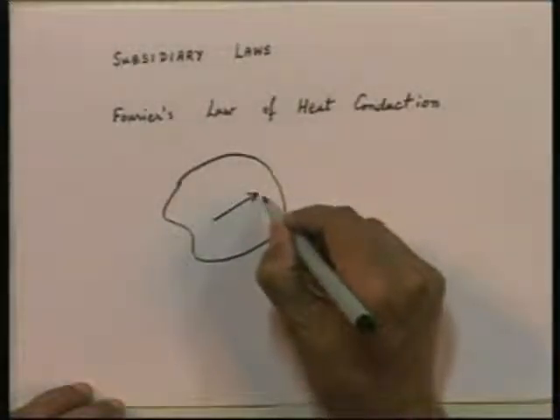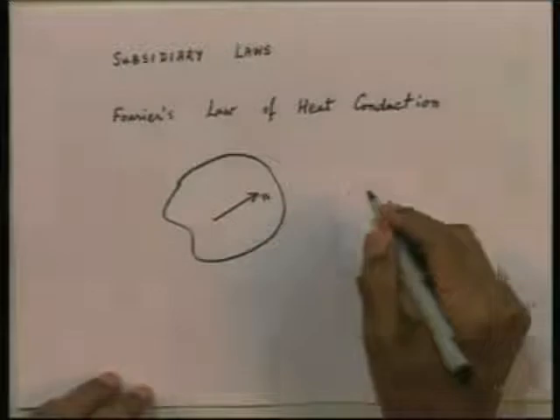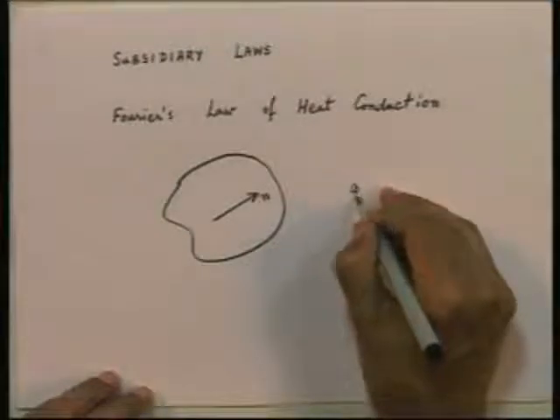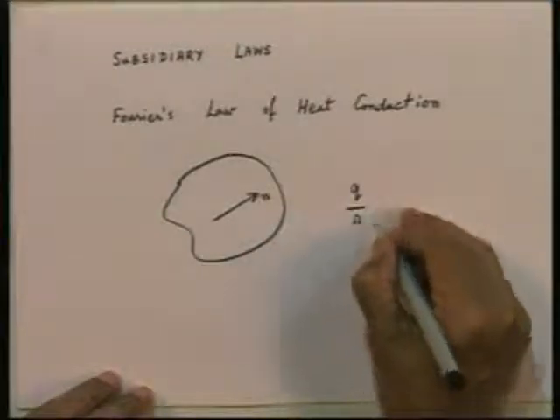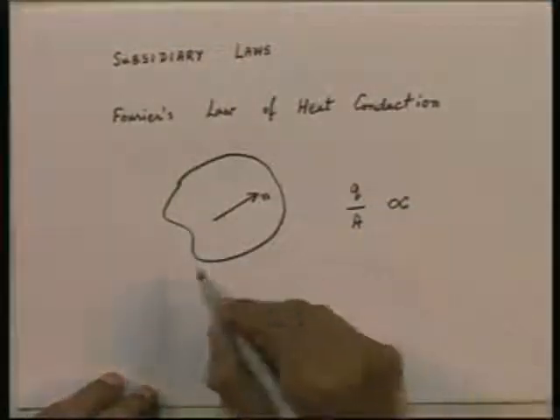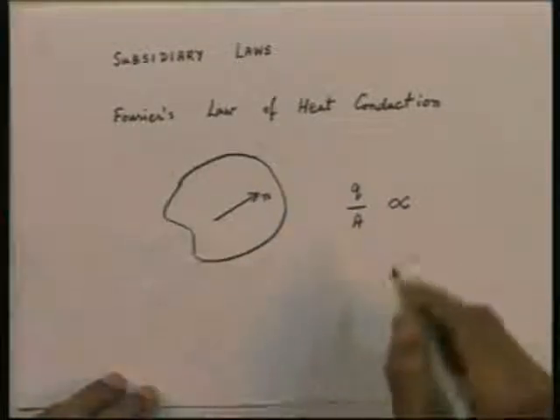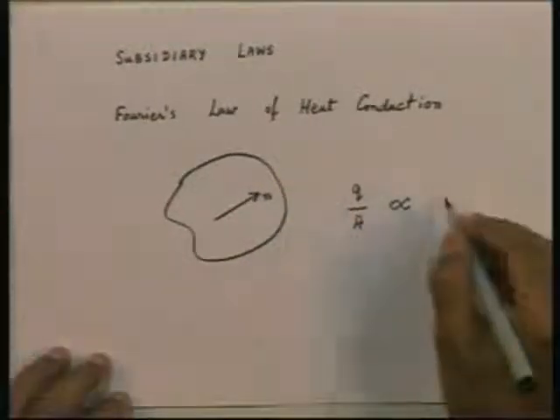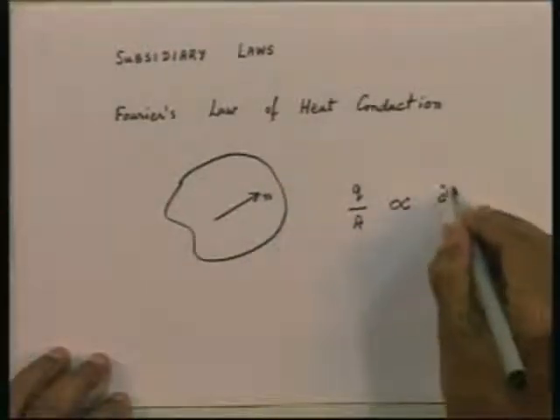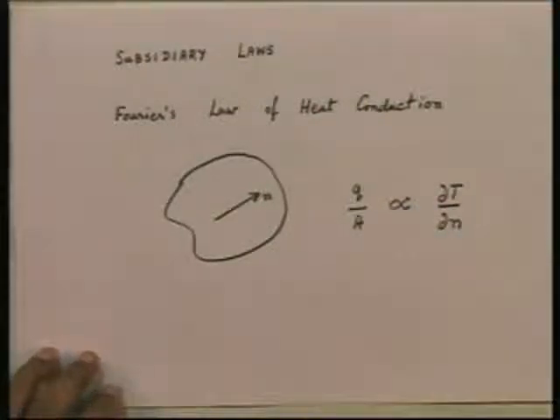I mark some direction n in this material. Fourier's law of heat conduction states that the heat flux Q by A, the heat flux by conduction in any arbitrary direction n inside the material, is proportional to the gradient of temperature in that direction. That is Fourier's law of heat conduction.